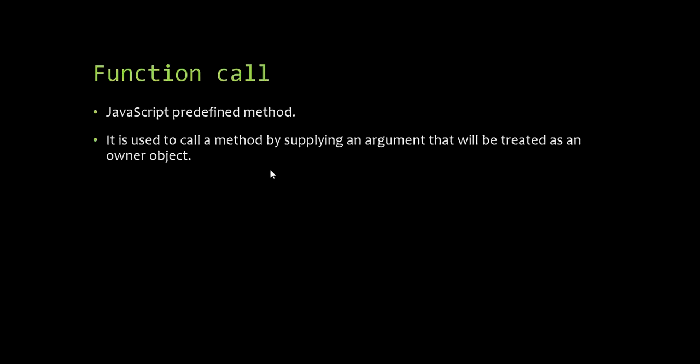The call method is a predefined method of JavaScript, and it is used to call a method by supplying an argument that will be treated as the owner object. The owner of the object is simply defined by the properties and methods that we can access with the help of the this keyword.